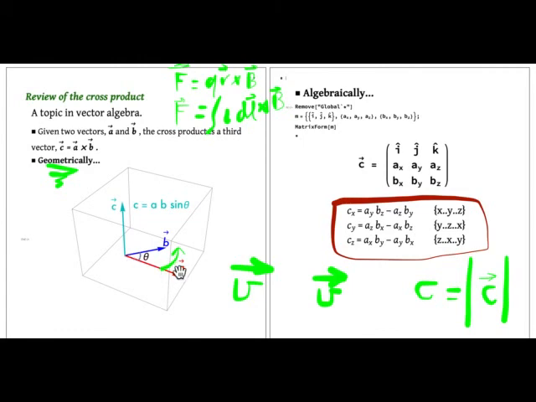In Cartesian coordinates, it's AX, AY, AZ. B points in some other direction, has some other length. It has components BX, BY, BZ. CX is AYBZ minus AZBY. CY is AZBX minus AXBZ. CZ is AXBY minus AYBX.